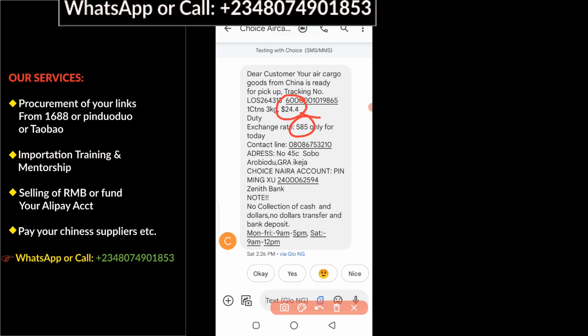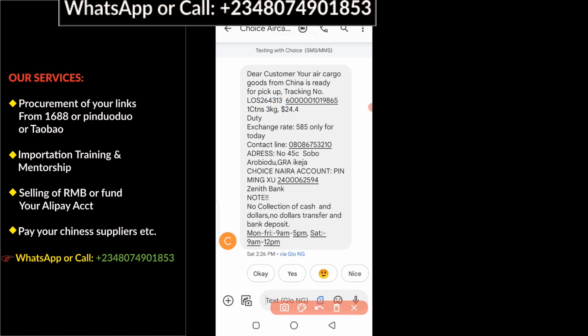I don't know if you get it very well. This will determine the amount I'm going to pay to clear this 3 kg of the goods in my own country here.